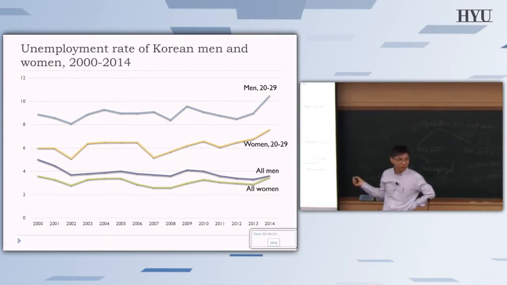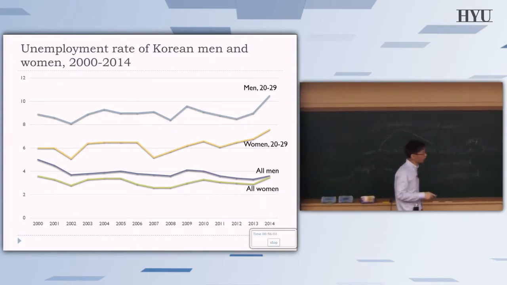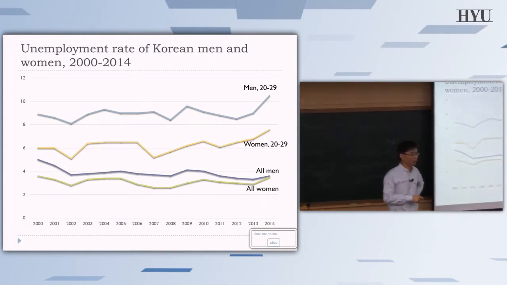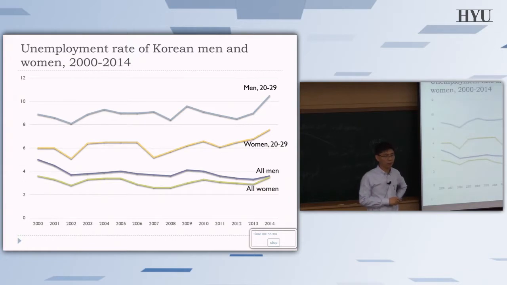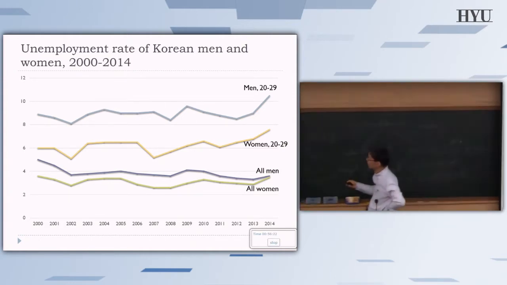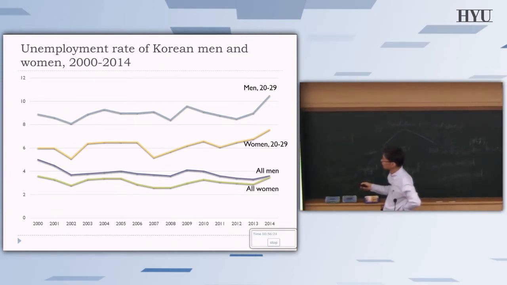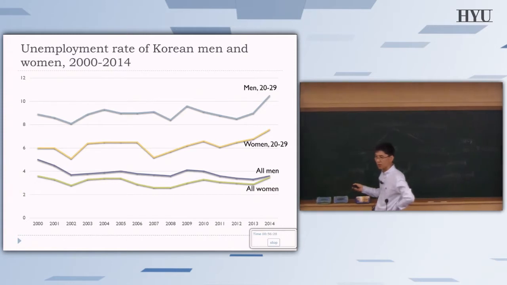It seems like women who don't expect to be able to find a job simply drop out of the labor force. It's probably what's happening. So this is for all people. How about younger people, like your group, 20 to 29? For men, it has been stable around 9%.